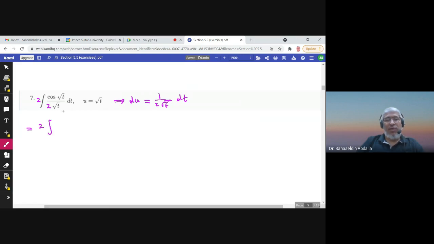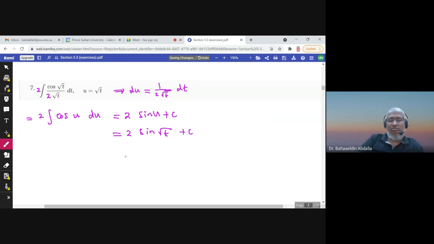Now this would be cosine square root of t is u, and 1 over 2 square root of t times dt is just du. So this would be 2 times integral of cosine is sine, and I can replace u by square root of t, and that would be the final answer.